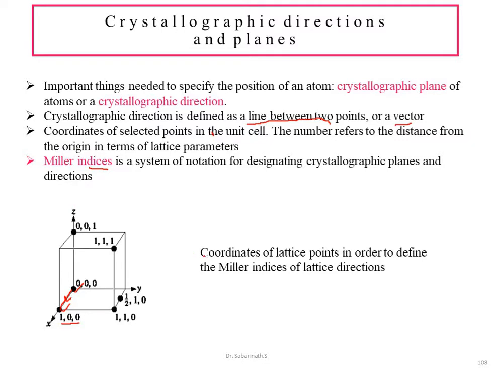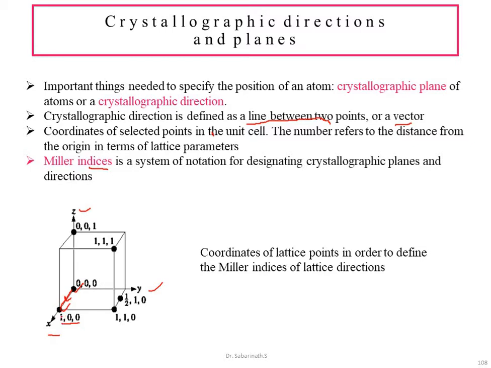Regarding the direction, I want to tell one more thing. Directions are the coordinates of selected points in the unit cell. We have coordinates represented by x, y, and z. These are the three directions which we will see, and they are designated using some reference numbers.